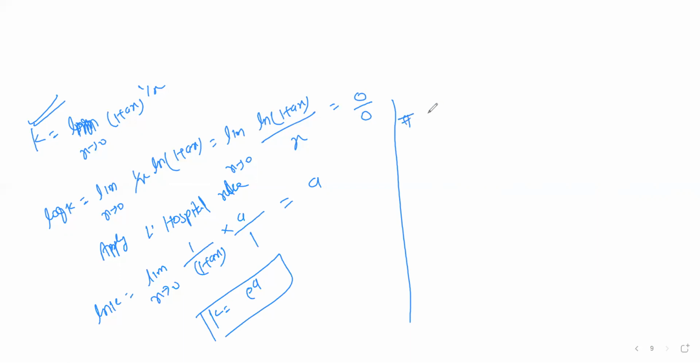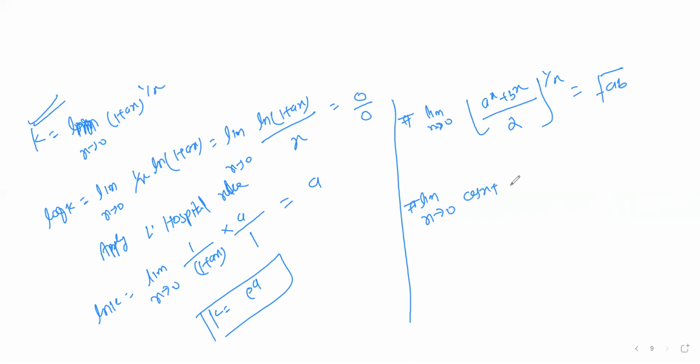If the limit is given x tends to 0, (a raised to x plus b raised to x divided by 2) all to power 1 by x, the limit will be the square root of ab. One more limit: if the limit is given x tends to 0, (cos x plus a sin bx) to power 1 by x, what will be the limit of this one?